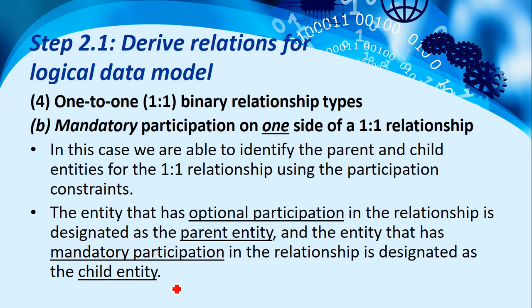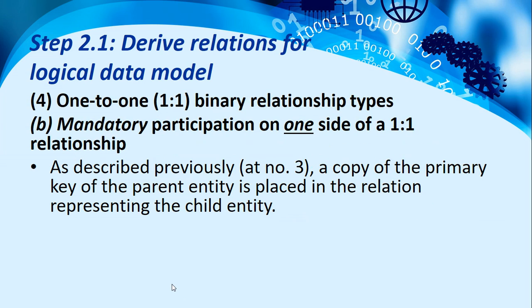And you know the drill, no? For the parent, just copy the primary key and put it in the child entity, and that's it. So as described previously at number 3, the third one earlier in the one-to-many binary relationship.